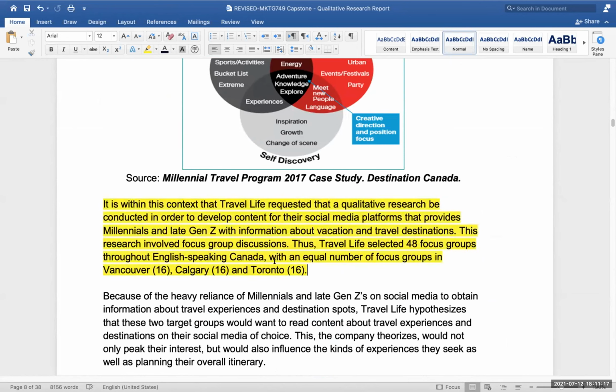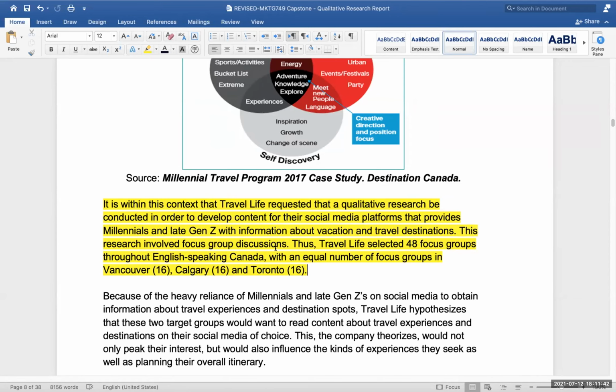So it is within this context that Travel Life requested that a qualitative research be conducted in order to develop content for their social media platforms that provide millennials and late generations with information about vacation and travel destinations. This research involved focus group discussions. Usually in qualitative research, we did what are called focus group discussions.